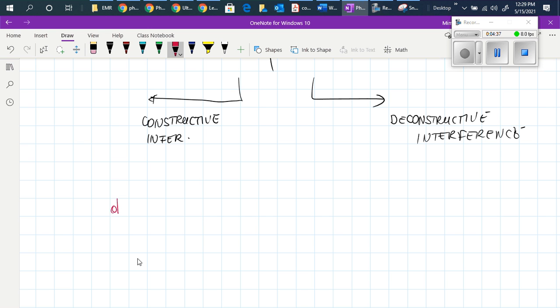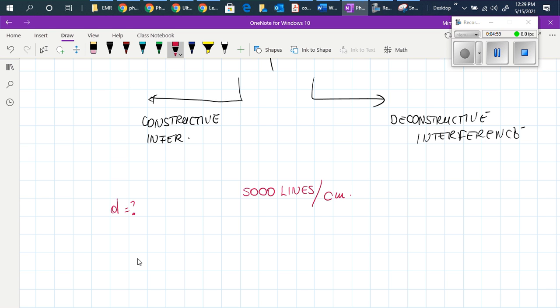So if we have, let's say, 5,000 lines per centimeter, as a very first step, we find the number of lines per meter.